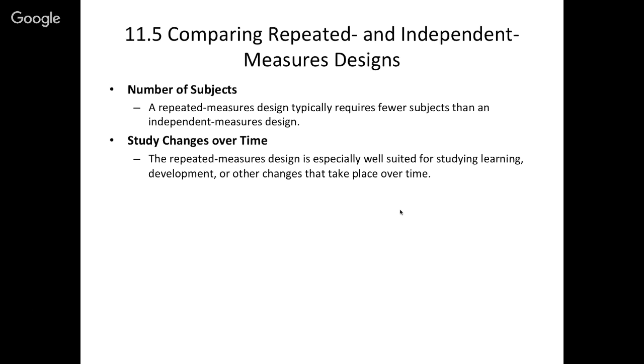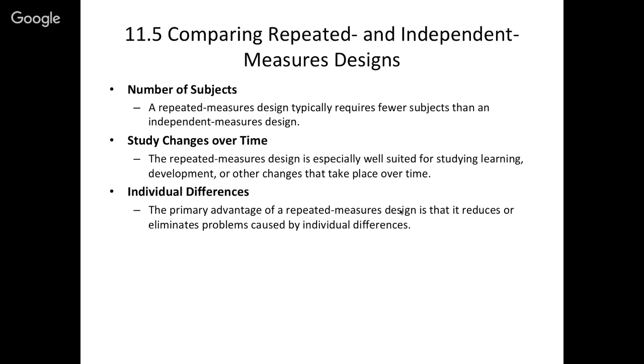Or test before a therapy and then test again after therapy. Also, because we just use one group of participants in the repeated measures design, the individual differences will not influence the difference between treatment conditions, because they are the same individuals.